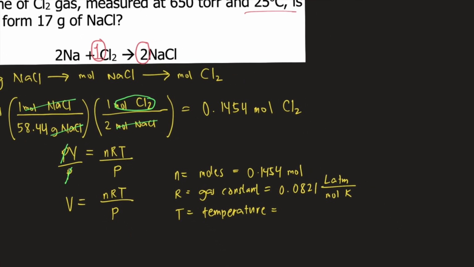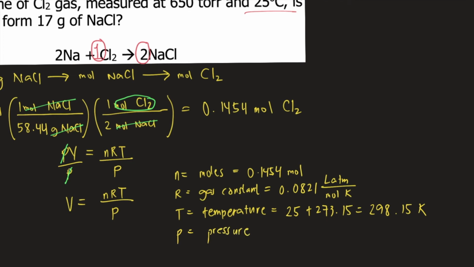And how do you convert degrees Celsius to Kelvin? You add 273.15. And this is equal to 298.15 Kelvin.